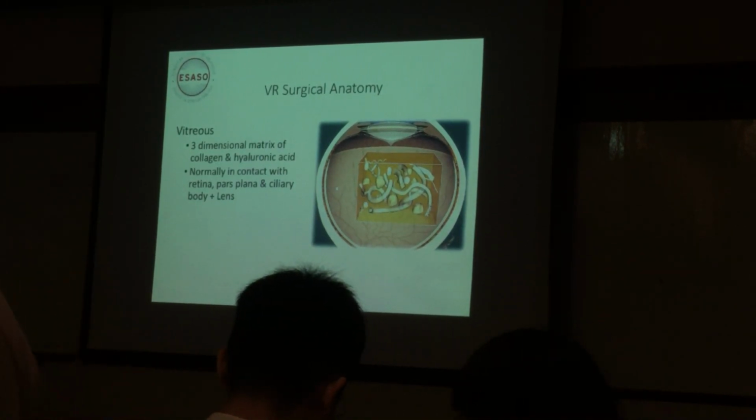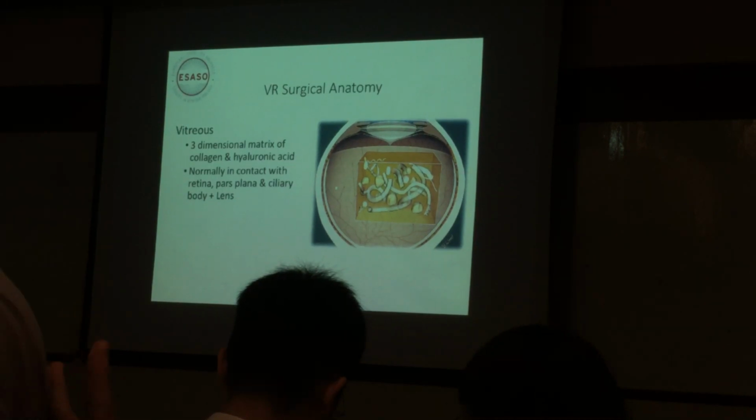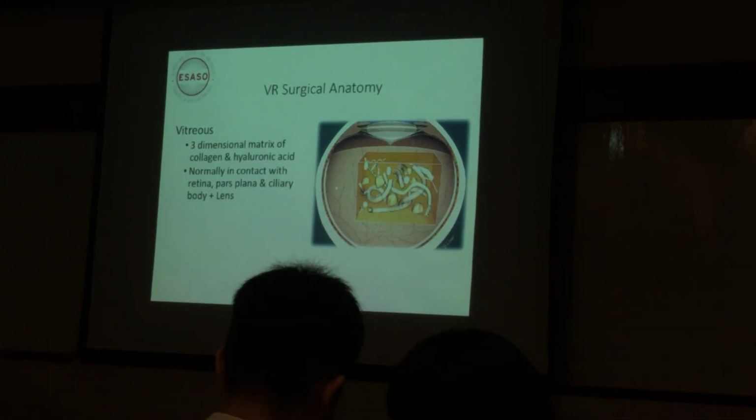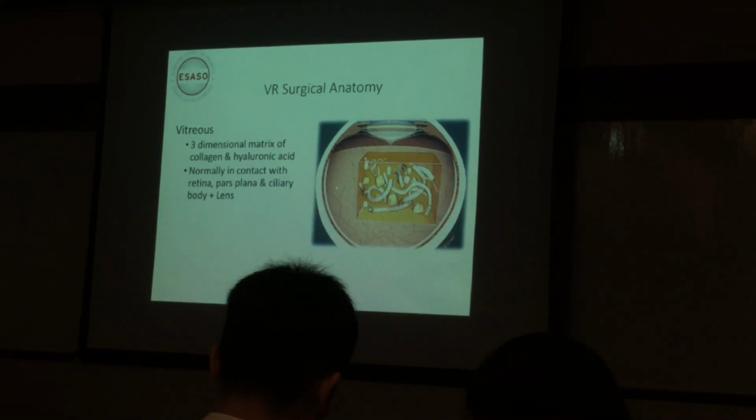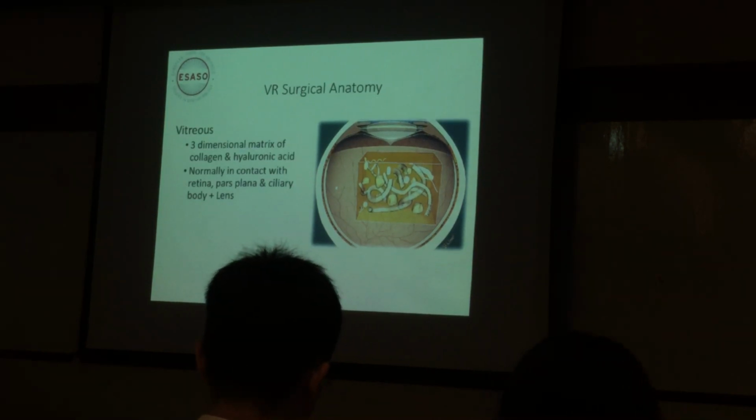So these are the structure of vitreous and where it is most likely to be found and how to look for it. Later on, we will have techniques that will aid us in visualizing it.